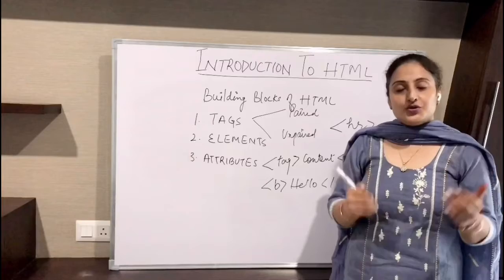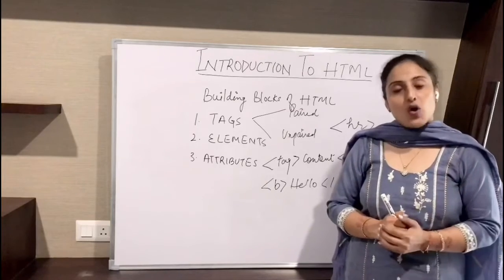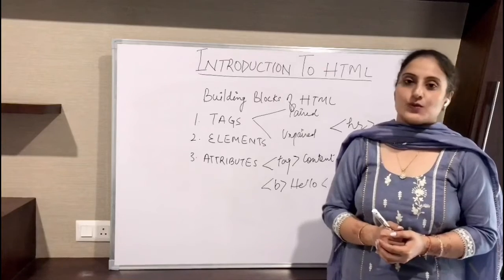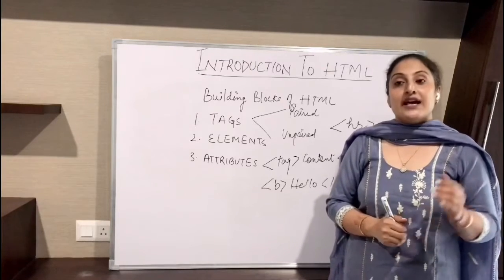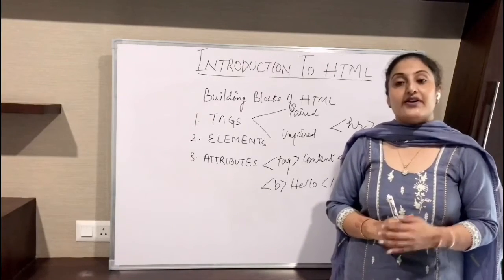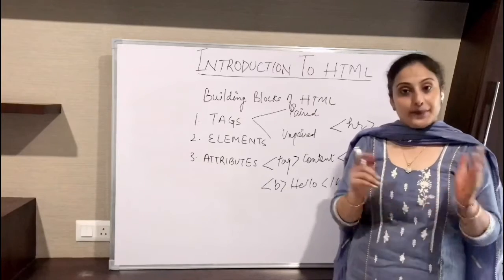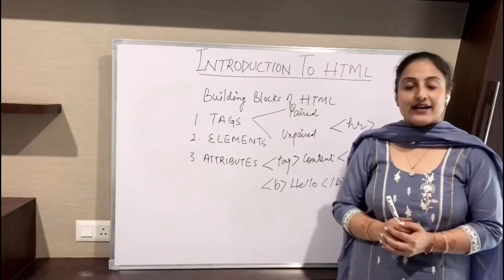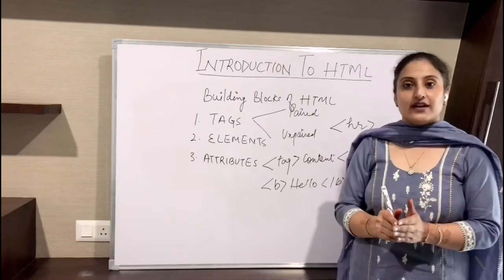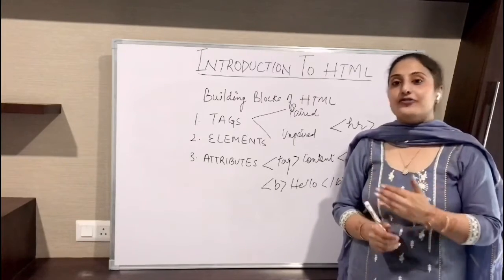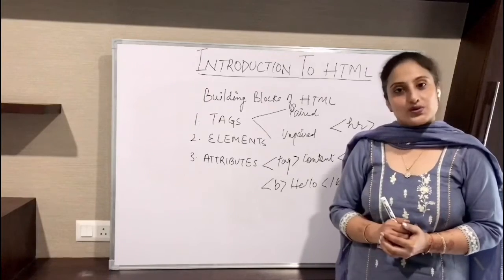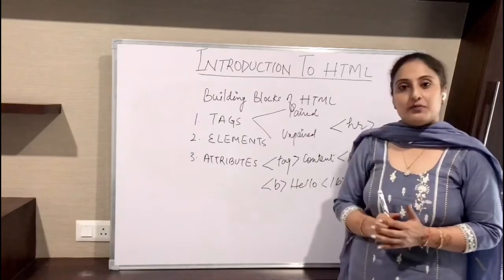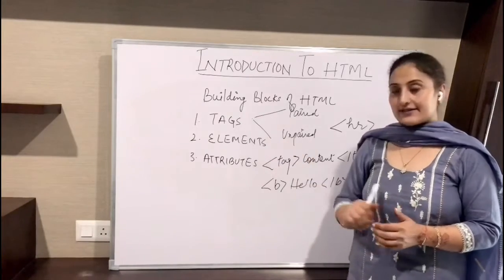So usually we use small letters for tags, but you can use capital letters as well. Second point here is whenever you are using a paired tag and you forget to close the tag, then the whole effect applies till the end of the page because there is no closing tag. These are the points that need to be kept in mind while using tags.